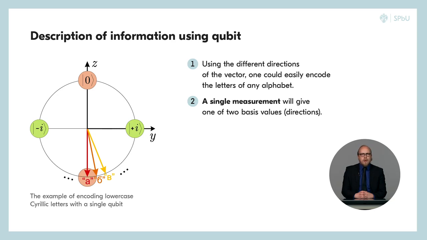However, in practice, we can distinguish only 2 states of the qubit. If we measure our qubit in the basis 0, 1, then with probability cosine squared theta in half, we get the qubit in the state 0, and with probability sine squared theta in half, it is in state 1. Thus, the reduction of the wave function during measurement allows us to obtain only a bit of information from the qubit state.